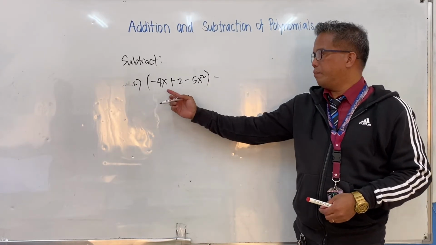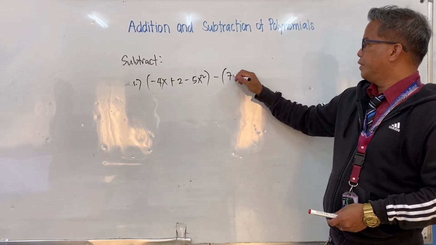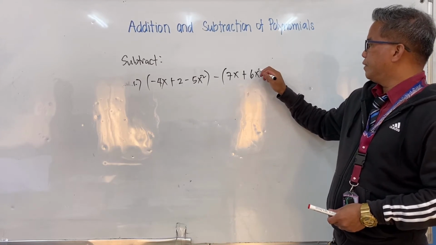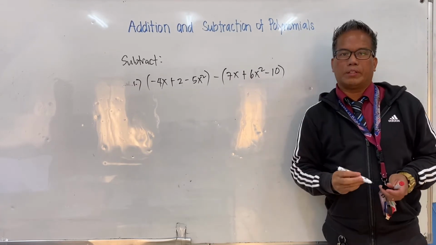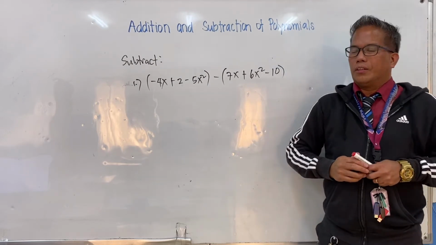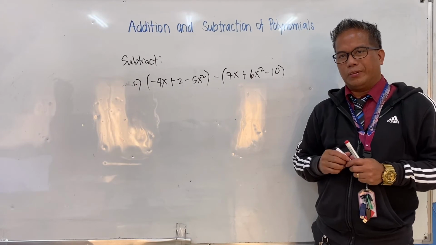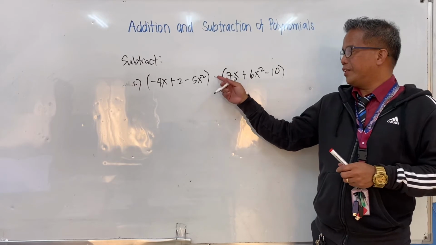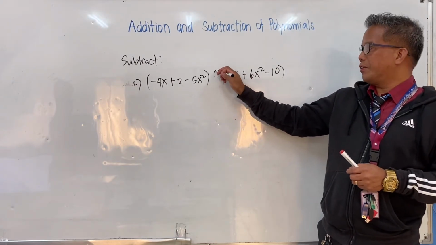Negative 4x plus 2 minus 5x squared minus 7x plus 6x squared minus 10. Now, in subtraction, you will not remove the parentheses first. Instead, you are going to distribute the sign here. So this is subtraction, right? So this is negative, so you are going to distribute it here.